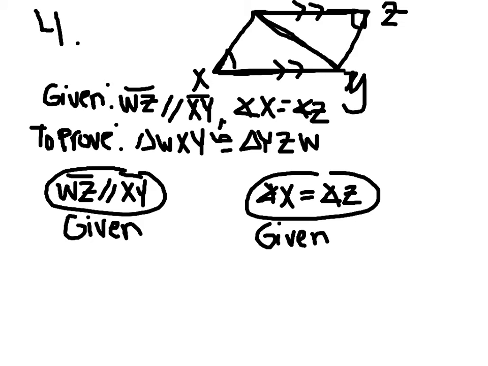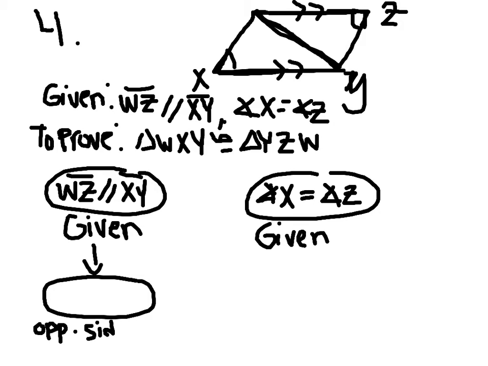Okay, now let's take a look there. We can't really do much with those angles, but we can do something with the fact that we have parallel sides, and we have that picture, and we know this about the opposite angles. And look, that's what our next thing is. It says if opposite sides, I'm really going to abbreviate here, are parallel, then alternate interior angles, that's what AIA stands for, are congruent.